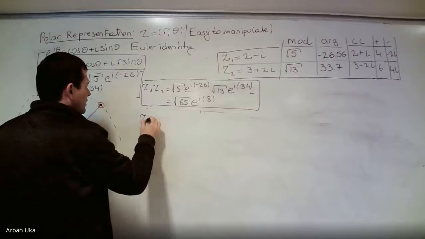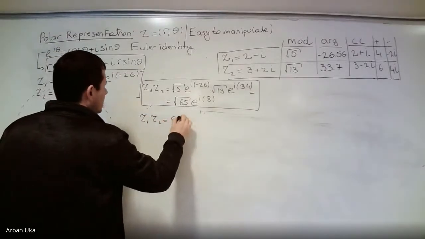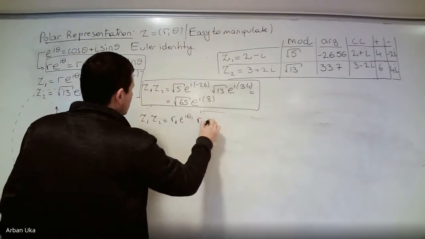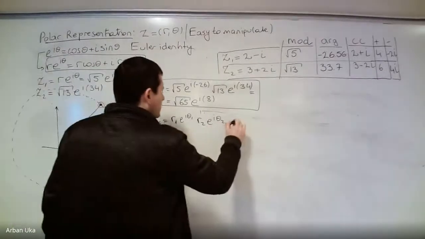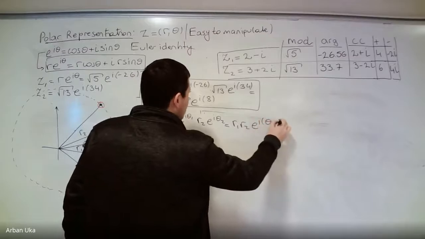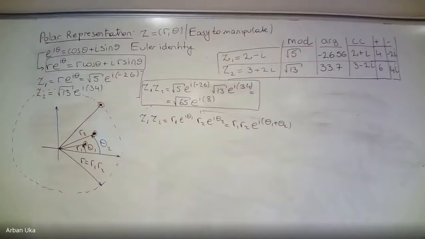Z1 times Z2 is equal to r1 e to the power i theta 1 times r2 e to the power i theta 2. And the product gives us r1 times r2 e to the power i (theta 1 plus theta 2). So this is the product of two complex numbers.